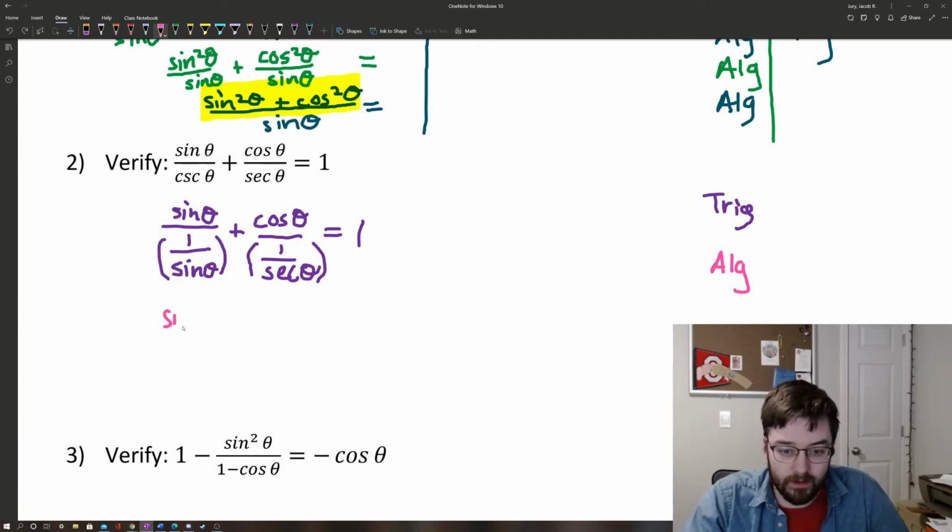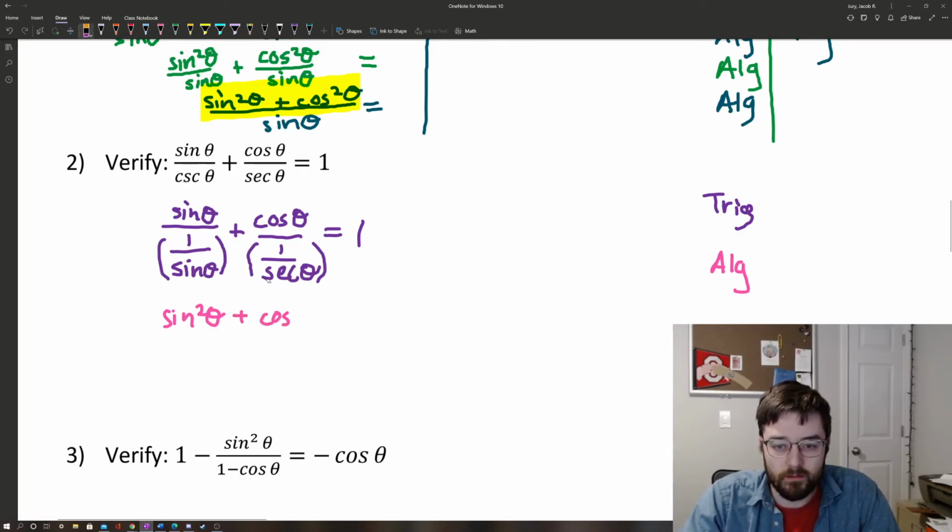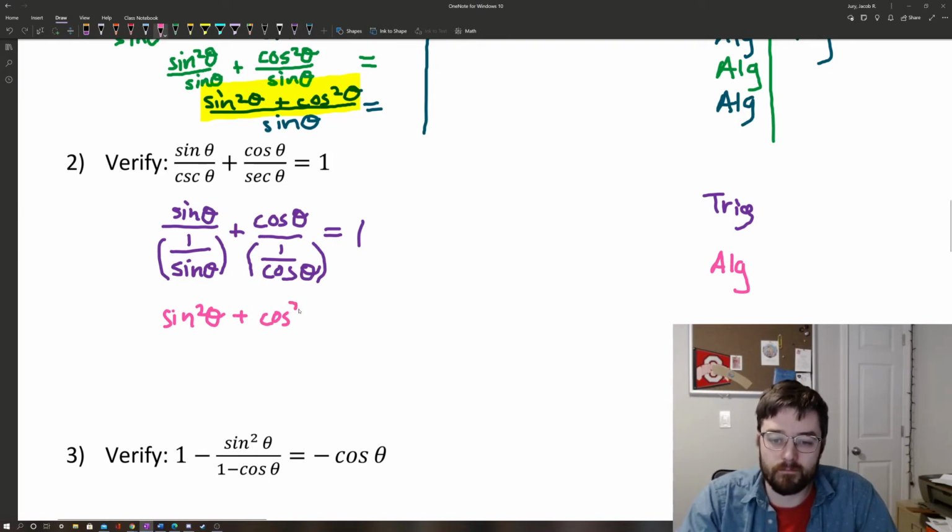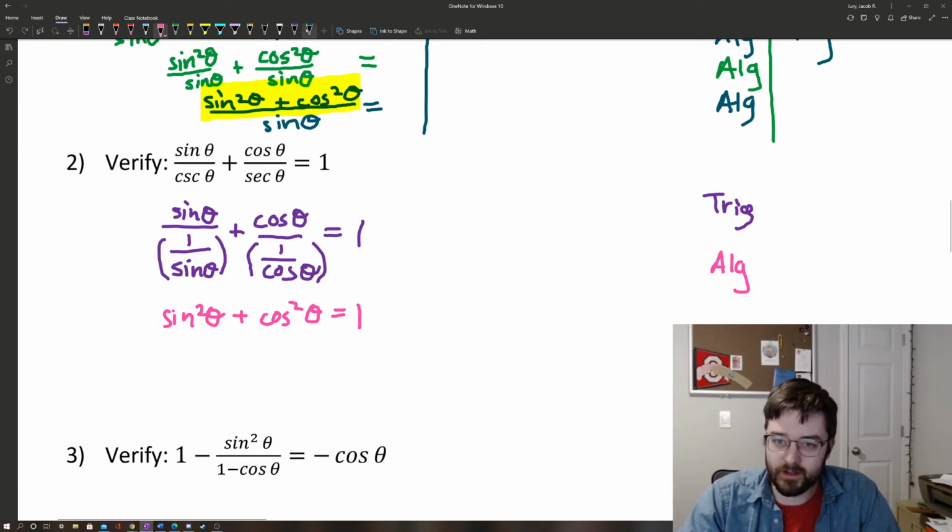Whoa! And you might already see the end to this. Sine squared theta plus cosine squared theta. And we can see that our target side of the equation, which I didn't even discuss at the beginning, is the simplest side, 1.